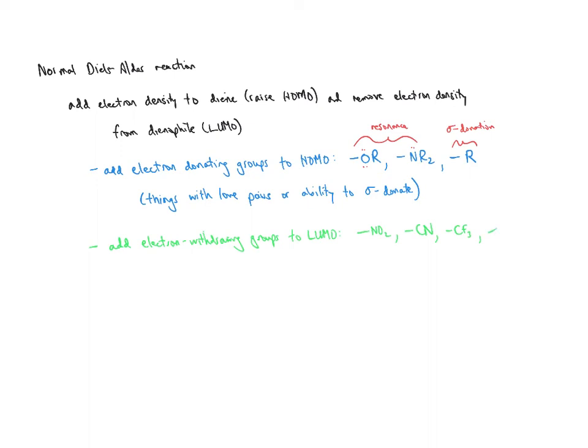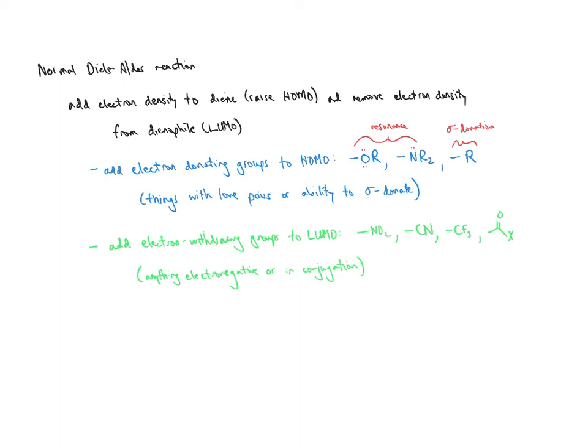I'll abbreviate this by putting an X there. We can say that these are anything electronegative or in conjugation. And this is going to have the effect of pulling electron density out of the pi system.